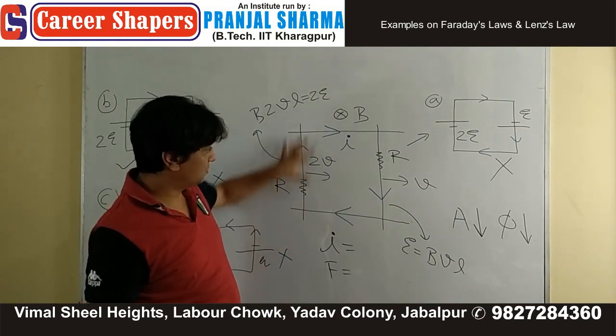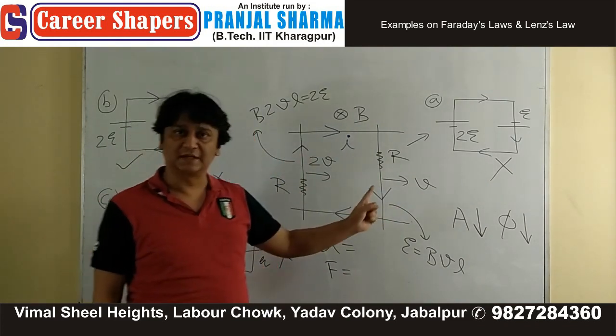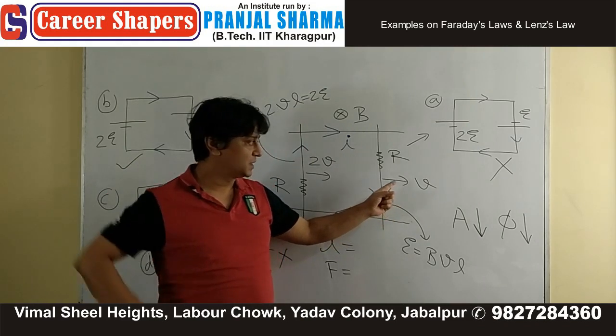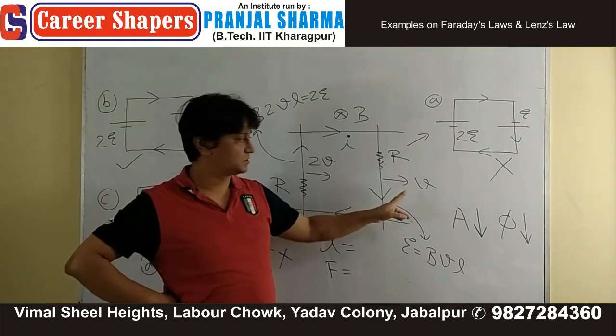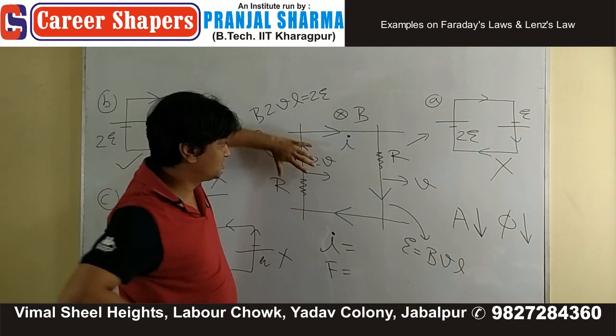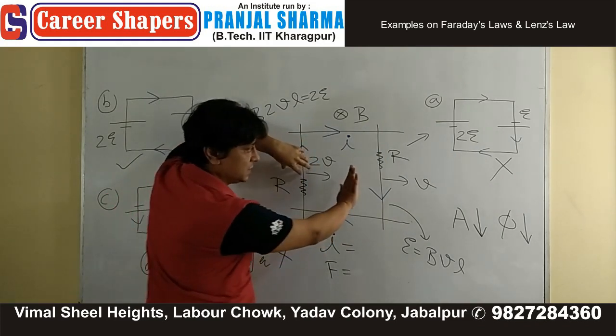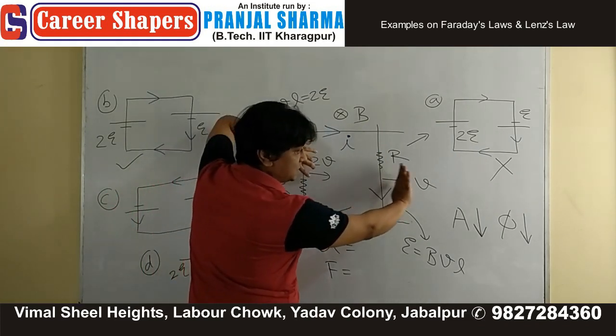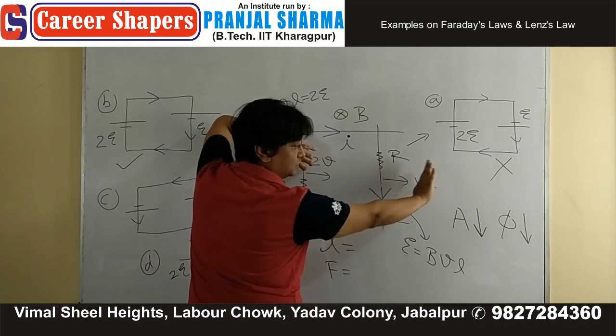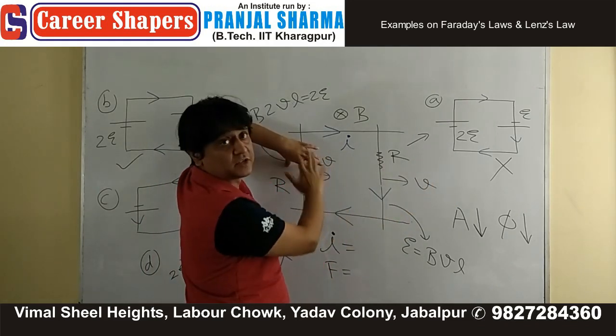Keep this at rest for the time being. Let's decide the direction of flux and EMF in this. If I keep this rod at rest, then as the other rod moves in this direction, the area is increasing.